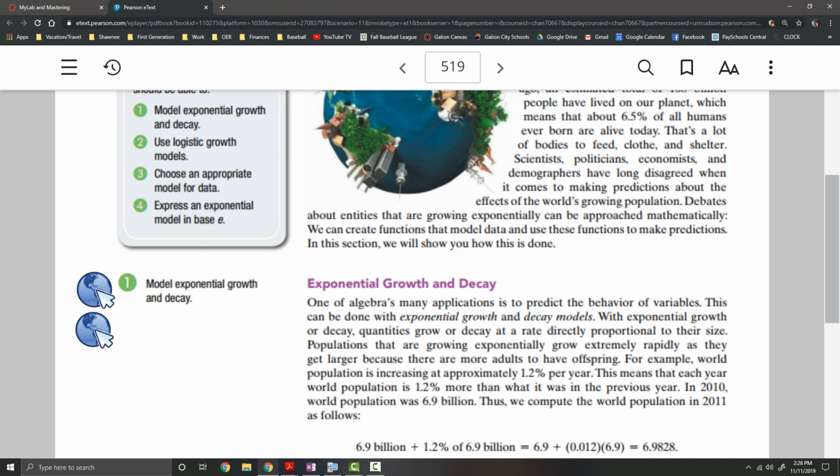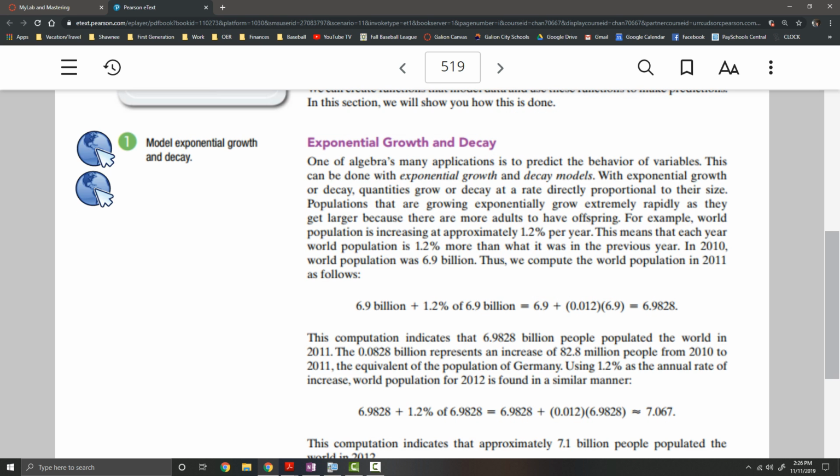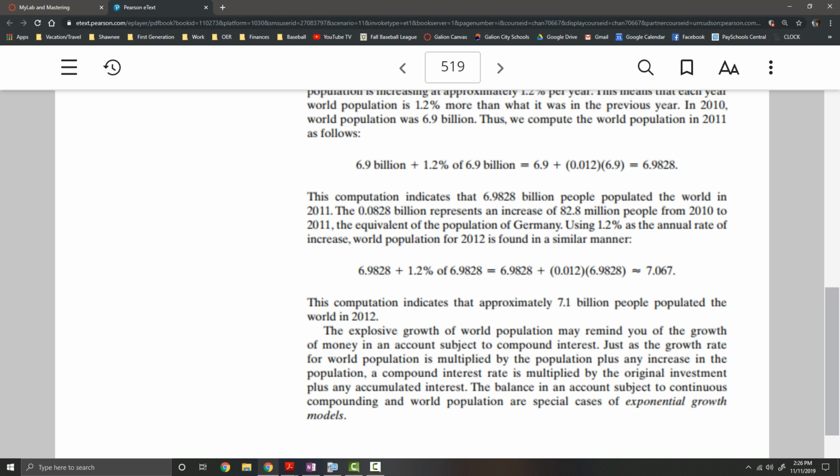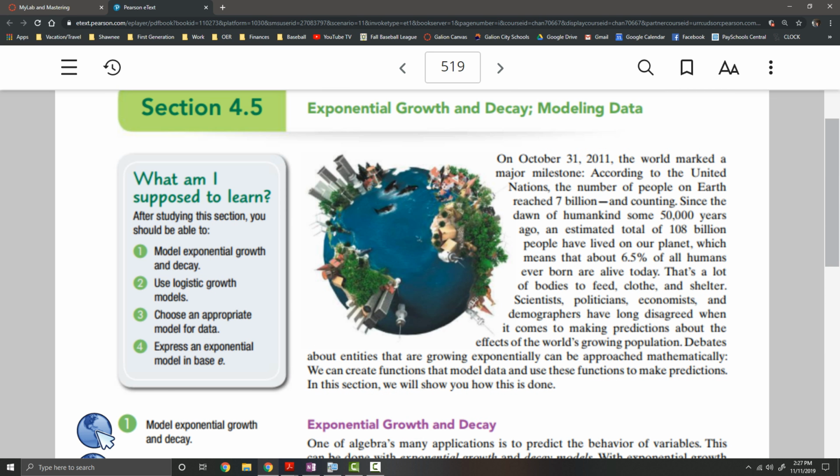The Earth's population is an example of exponential growth, right? So you can read over that and learn more about that, to get a little glimpse of why it might be important to study exponential growth and where we might be able to use that.